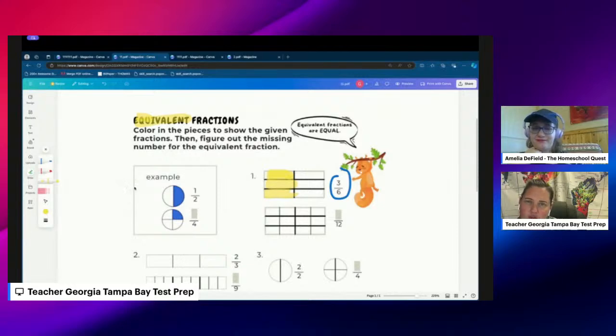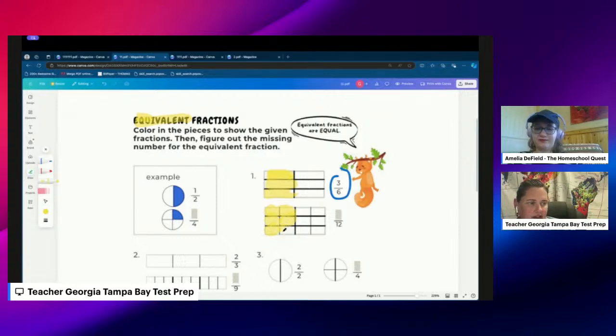Now I want to make an equivalent fraction. I want the value, or how much is shaded, to be the same. As you're watching, think about how many I would need to color in a model that is now cut into 12 pieces. If we think about these as brownies again, this time I've cut them into 12 equal parts.